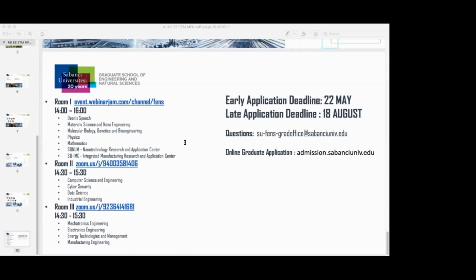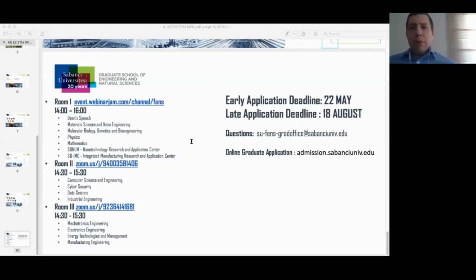A question related to the previous one: is it common for a professor to refer students for a summer internship? My answer is that it really depends on the professor. Usually, if the student is working on a research project, the expectation is that the student focuses on their master's thesis.